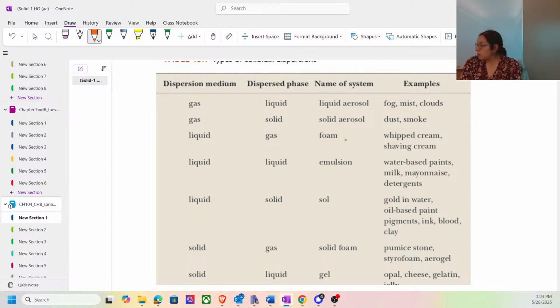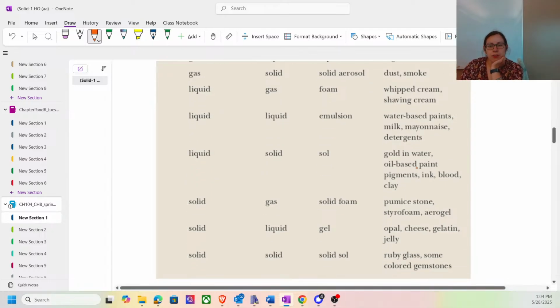Then other mixtures: liquid gas, that would be like whipped cream or shaving cream. Liquid-liquid mixtures include paints, and obviously a lot of chemical compounds are used in paint colorings. That's a whole science. Liquid solid, so again more paint pigments, inks, and other mixtures.